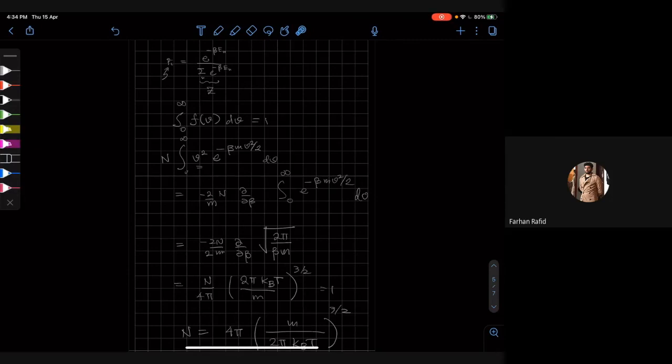So this is a trick: given this result, you can find all these moments, right? And for odd n, this is 0.